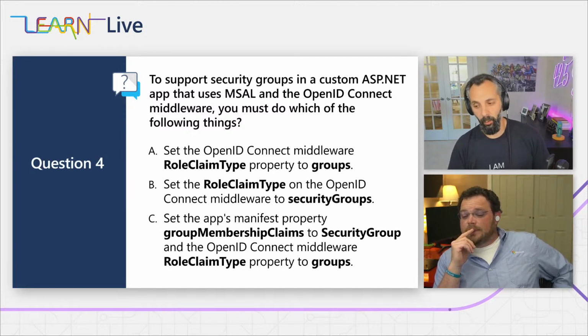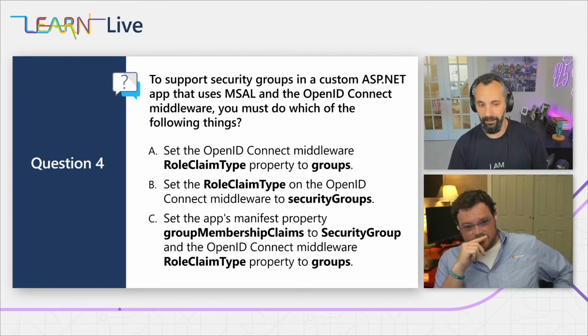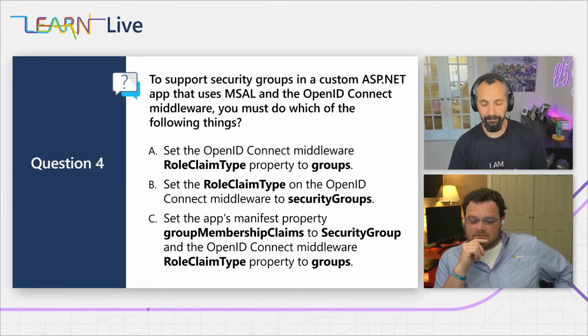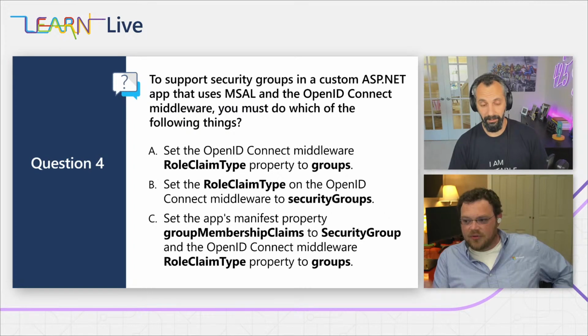So the first two require code changes, and the last one requires configuration changes. And a code change. And both. Code change. Yeah, so that's the interesting one too. In your manifest, you had emit as roles, right? In your app manifest. And that means that the claims come out in a claim name of roles, right? Exactly.